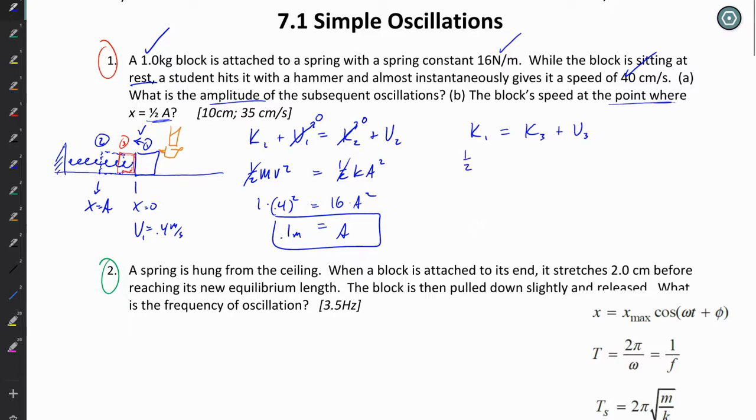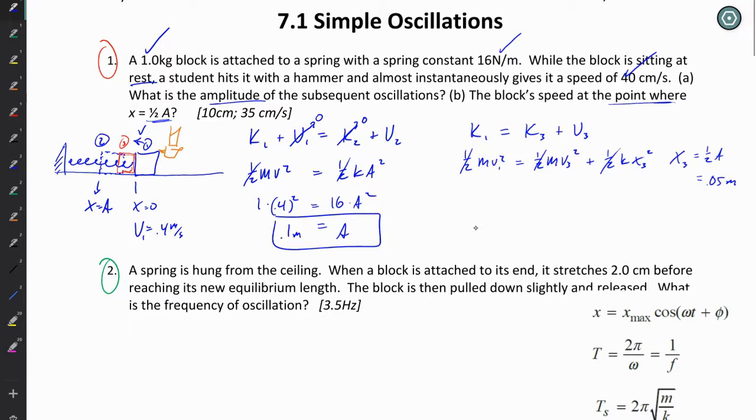So we have 1/2 mv squared at point 1 equals 1/2 mv squared at point 3 plus 1/2 kx squared, where x is its location at point 3. The location at point 3 is half of the amplitude, so that is 0.05 meters. All right, cancel out all the halves.